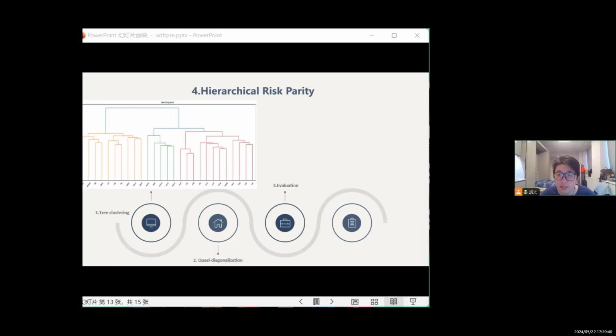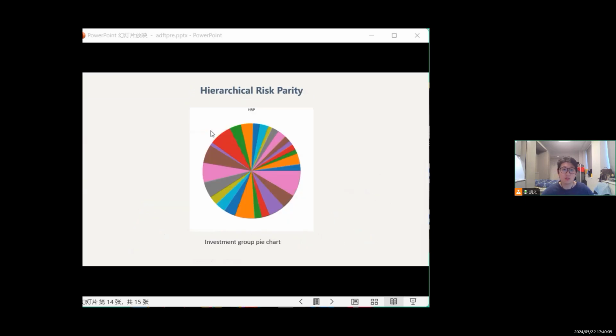Finally, asset allocation weights are determined using recursive bisection to distribute the risk as evenly as possible at each level until weight is assigned to each asset. The final weights are shown in this picture.